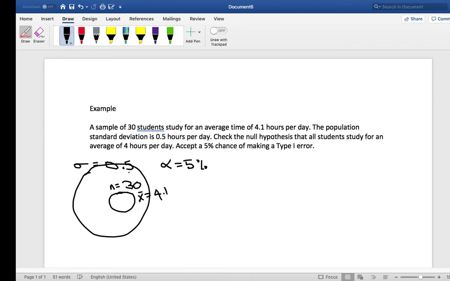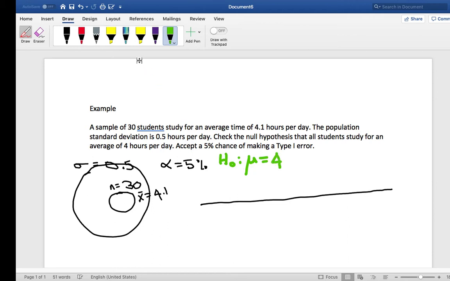Okay, so basically what we need to do is find our regions of reject and do not reject. We need to put the hypotheses down as well. So what is our hypothesis? Our null hypothesis is that the average time that students study is 4 hours per day.